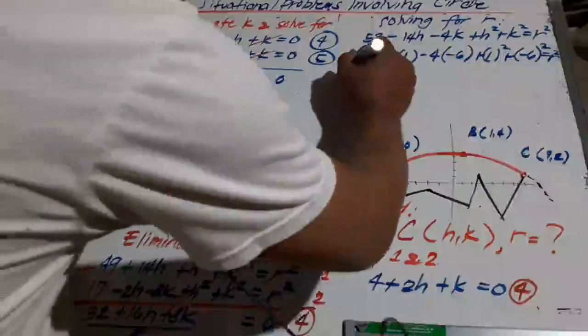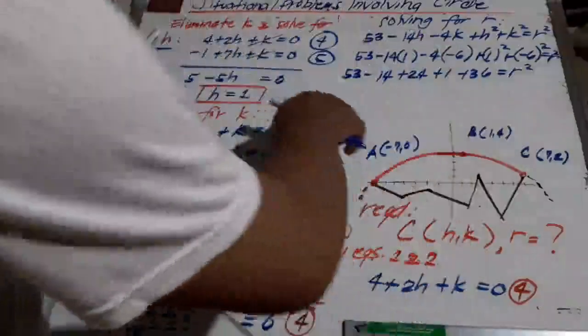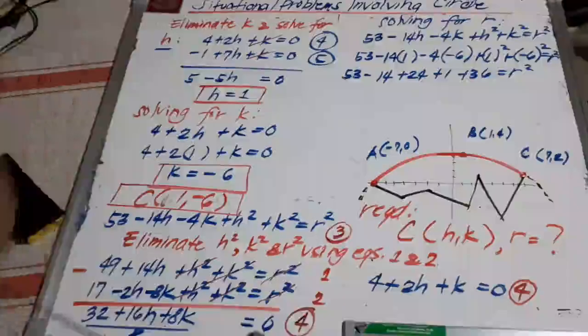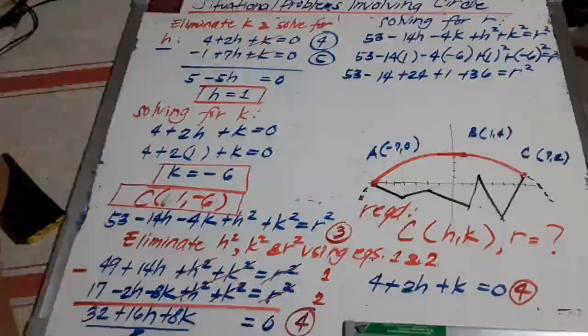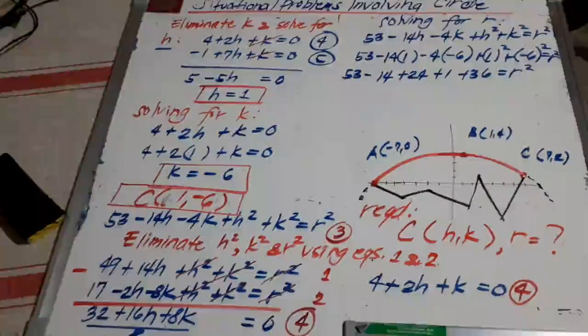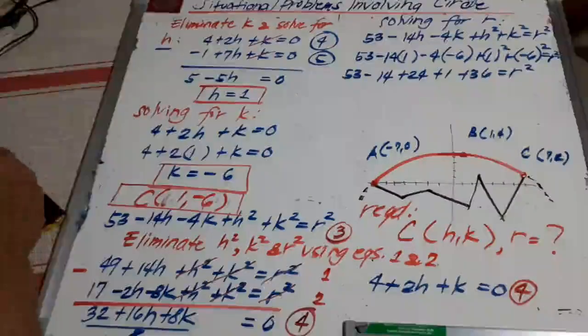So we have 53 minus 14 plus 24 plus 1 plus 36 equals r squared. So answer is 100.